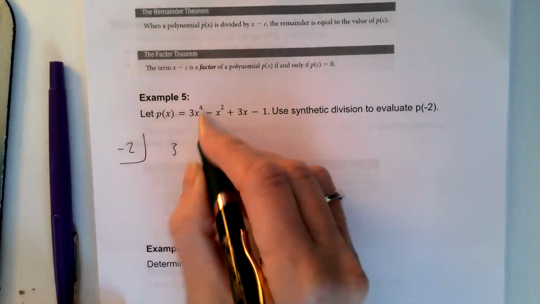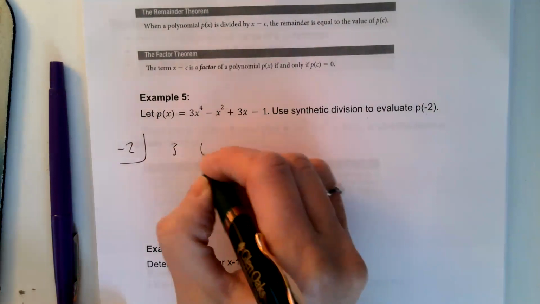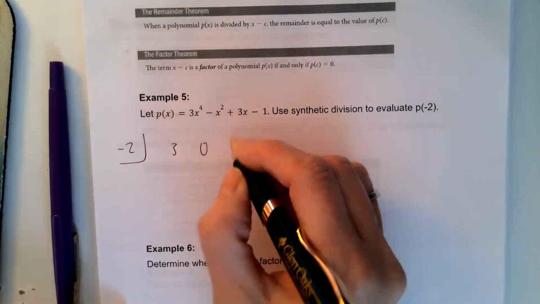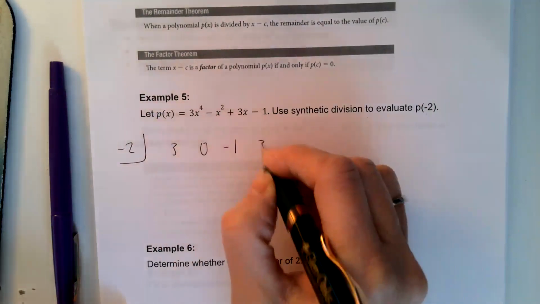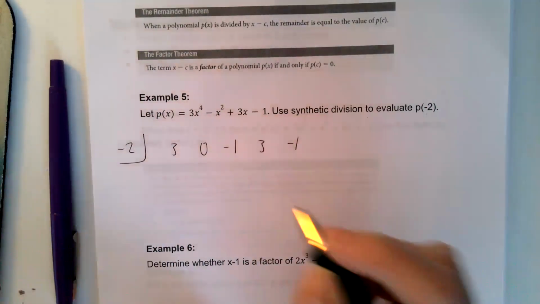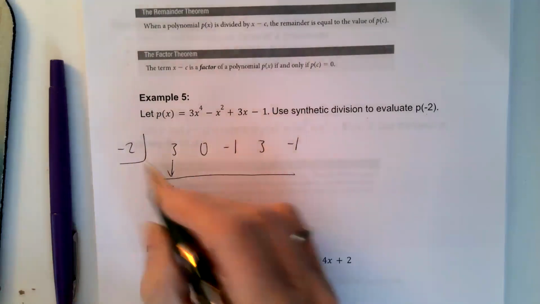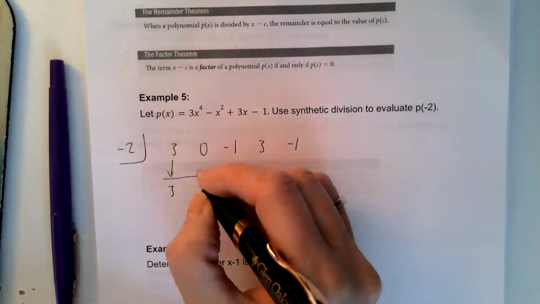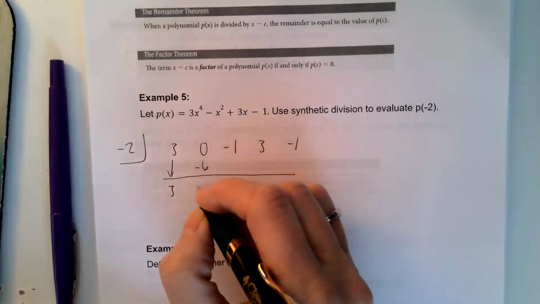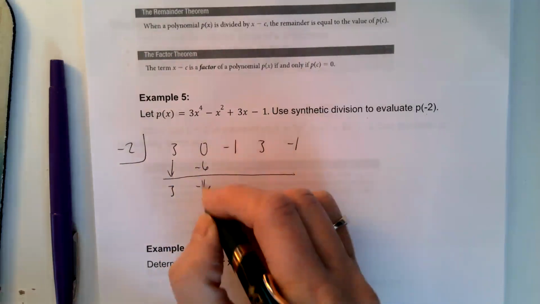I don't have an x cubed term, so I have to have a place value of 0 for that. Then I have a negative 1, a 3, and a negative 1. So I bring down my 3. A negative 2 times 3 is a negative 6, and I add those to get a negative 6.